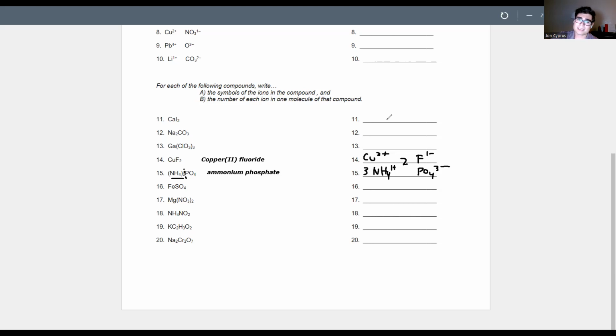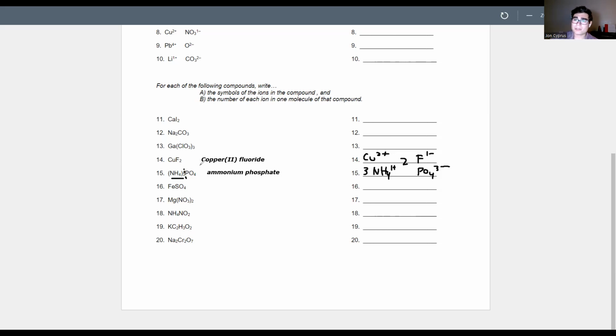16 is FeSO4. So SO4 has a 2- charge. If you look at that formula sheet, right, these are things that you can't really intuitively guess unless you have a background in organic chemistry. But you're just gonna have to look at the polyatomic ion sheet.